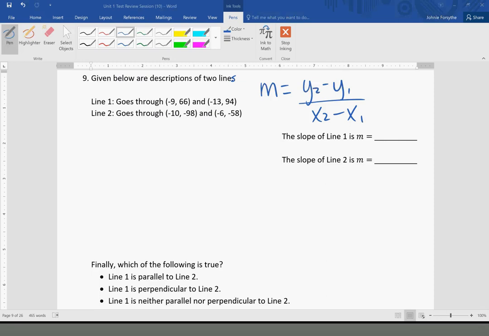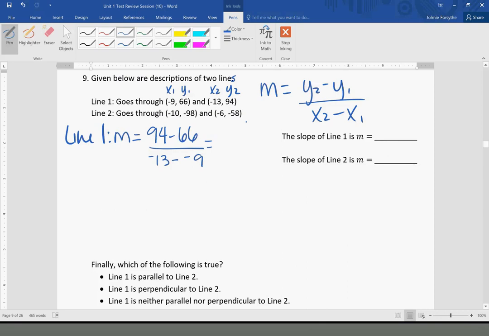Okay, so let's start with line 1. If you want to label your points, x1, y1, x2, y2. So for line 1, the slope will be 94 minus 66 divided by negative 13 minus negative 9. Be super careful with those negatives.